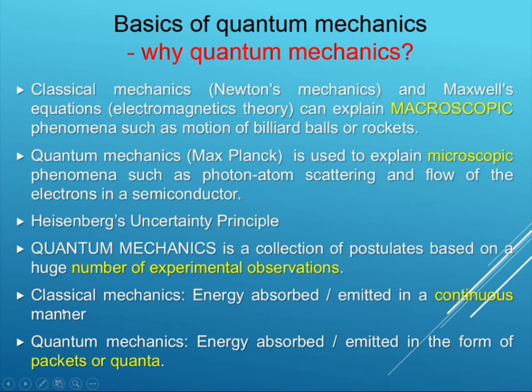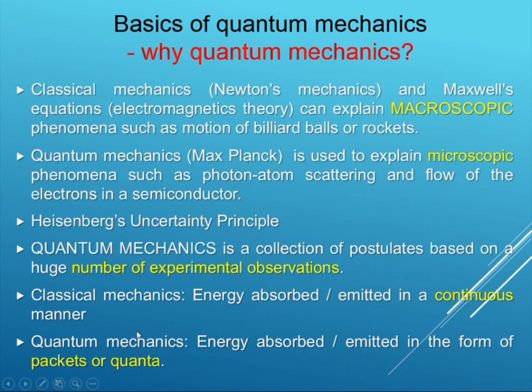Classical mechanics predicts that energy is absorbed or emitted in a continuous manner. But quantum mechanics said no, energy is absorbed or emitted not in a continuous manner, but in the form of packets, and these packets are known as quanta. So the concept of the quanta or the photon was proposed by quantum mechanics.